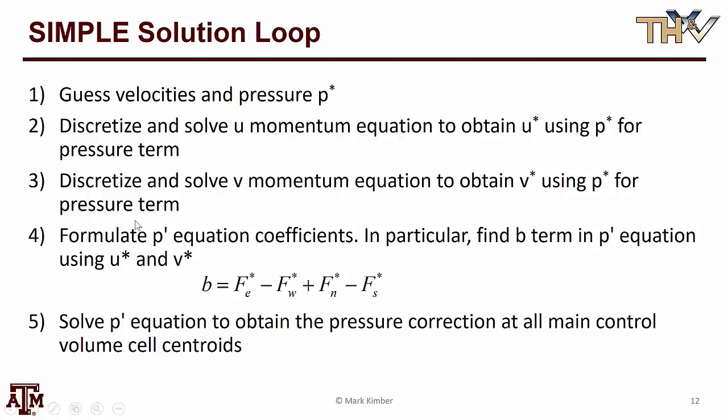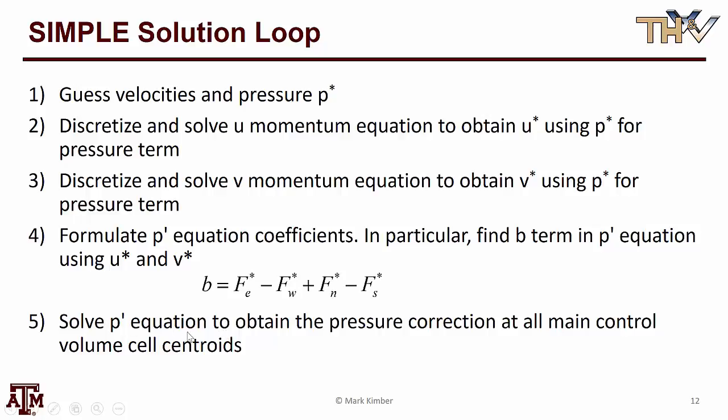And then we will solve the pressure corrector equation coefficients. In particular, we want to look at this B term. And once we have the pressure correctors for all of our elements, for all of our volumes, then we will apply that and update the pressure, and then go through this solution again.